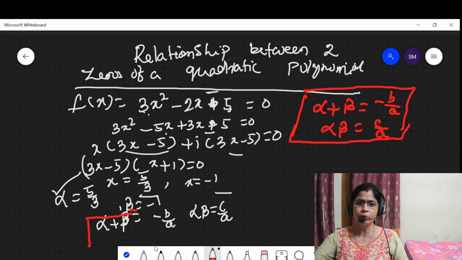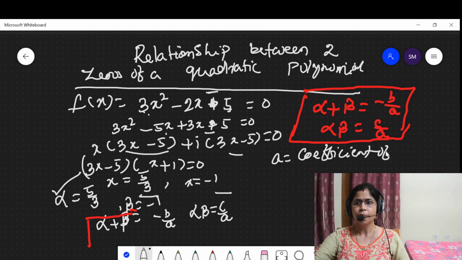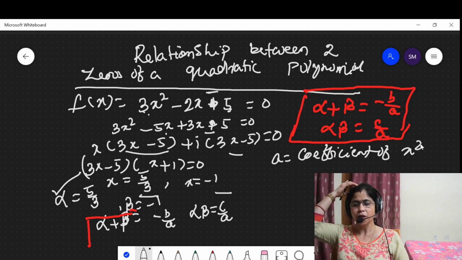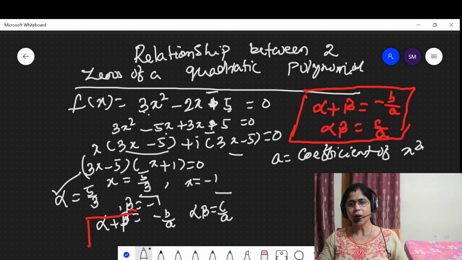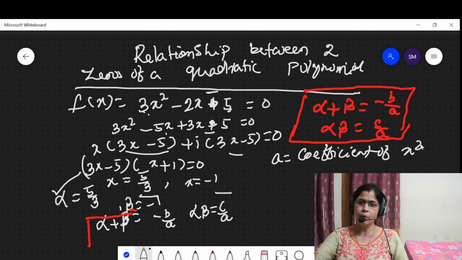Here what do you mean by a, b, c? Here a is the coefficient of x square, because these are the zeros of a quadratic polynomial. A quadratic polynomial is a polynomial of degree 2, meaning the highest degree of the variable is 2. a is the coefficient of x square, b is the coefficient of x, and c is the constant.